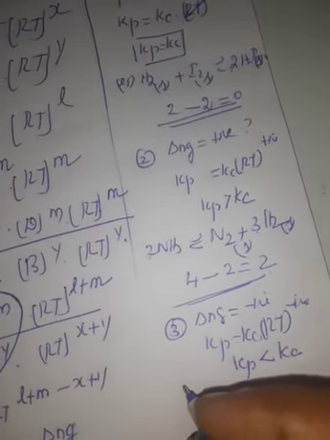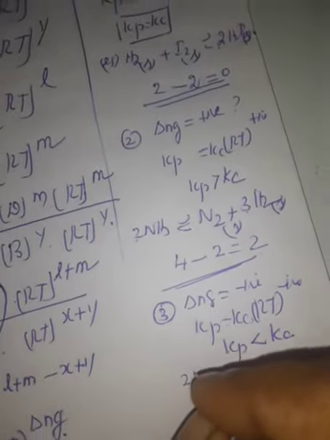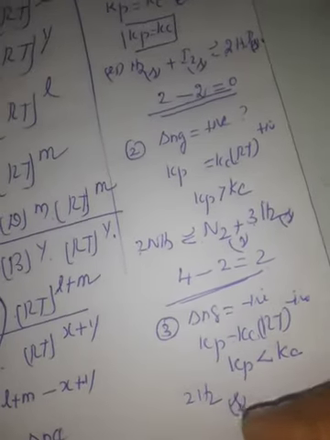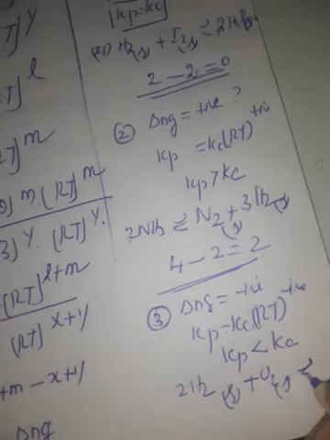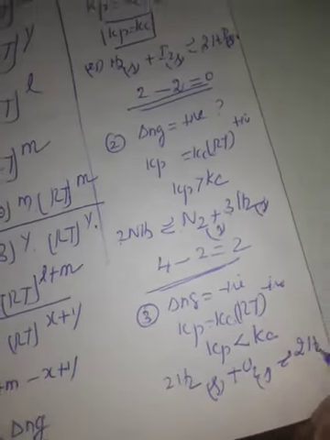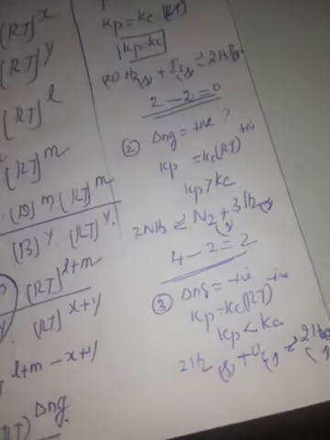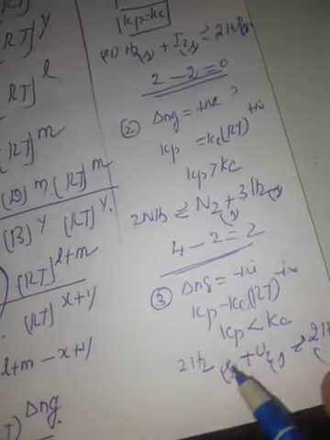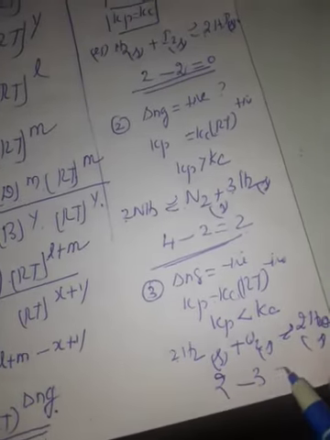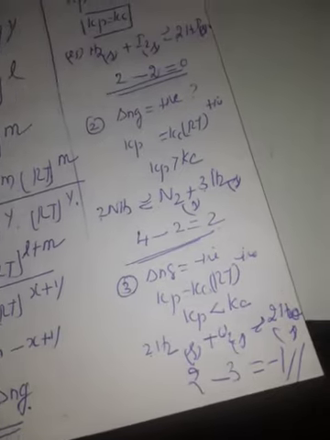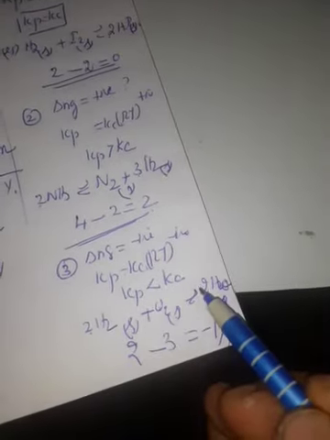For example, you can give one example for this: 2H2 gas plus O2 gas giving 2H2O gas. Product 2 moles, reactant 2 plus 1, 3, is equal to minus 1. So, if this is the case, Kp less than Kc.